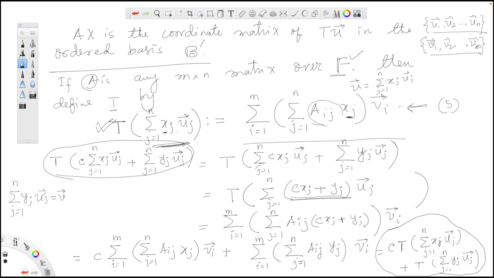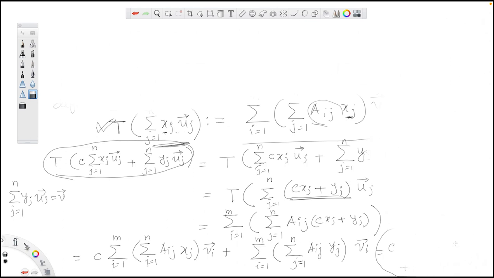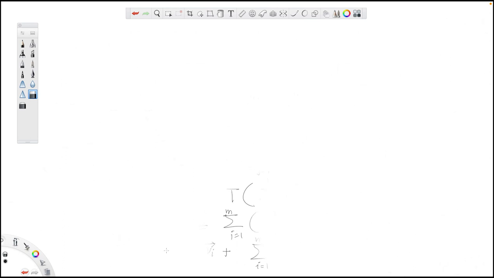Okay, now let us summarize all these results formally by means of a theorem, which we number by theorem 2.